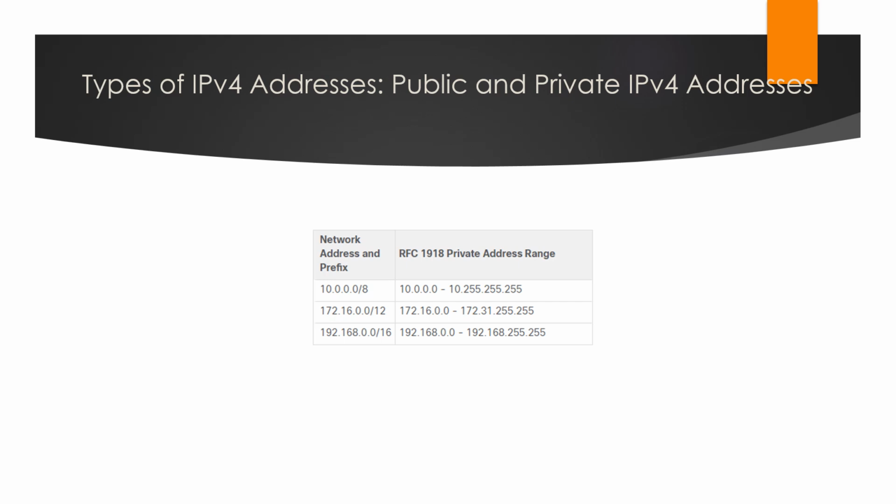Private IPv4 addresses are not unique and can be used internally within any network. And these are the blocks of the private addresses and the prefixes for each of them.